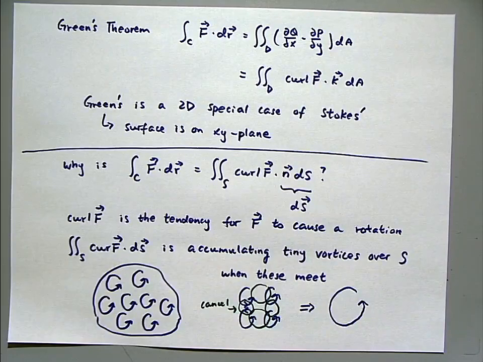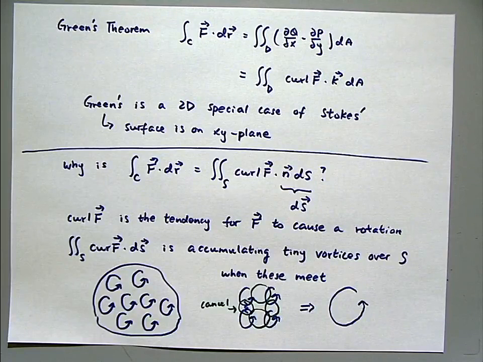Right? Because anything that's inside, the interior portion, regardless of what the surface looks like, all these little vortices will end up canceling one another out on the inside. And so that's why the theorem says that instead of accumulating that over the surface, we really just need to look at how the vector field is circulating around the boundary of that surface, because of the cancellation happening on the interior.